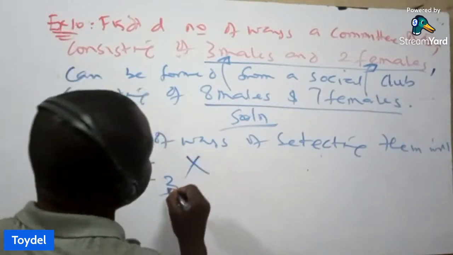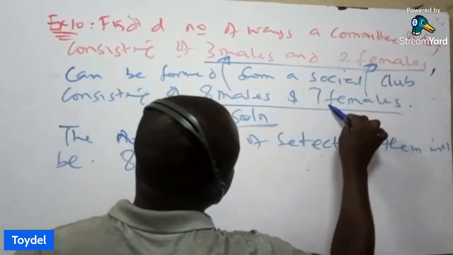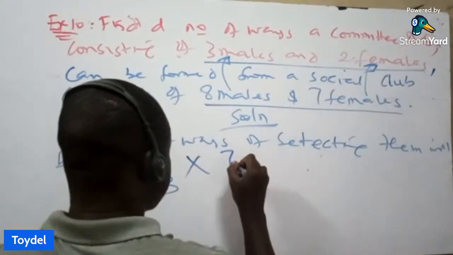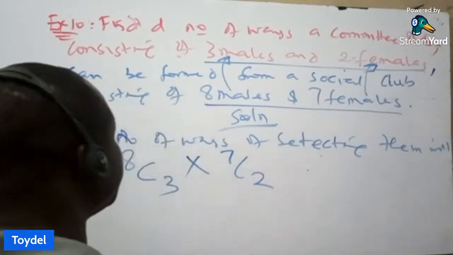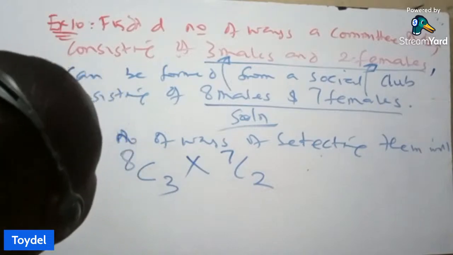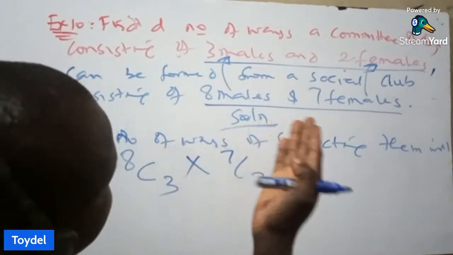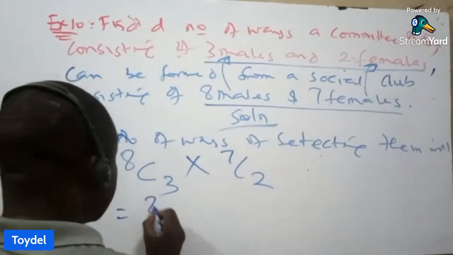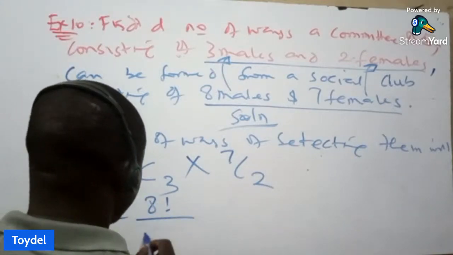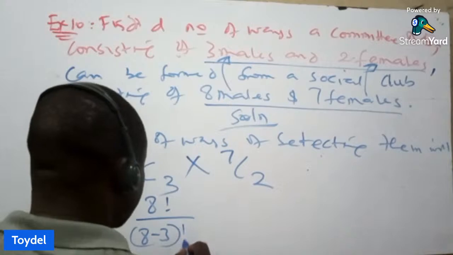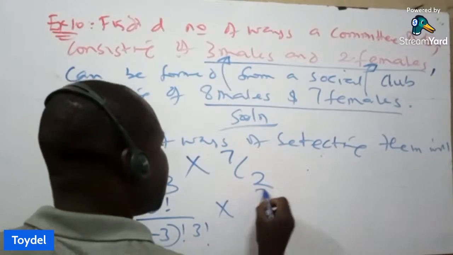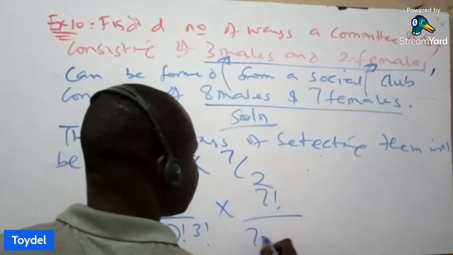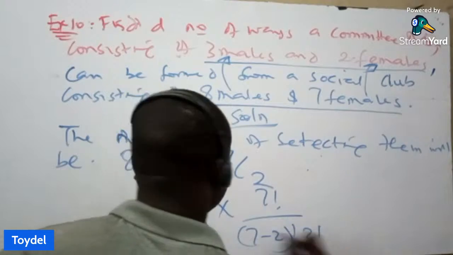Then multiply by, out of 7 females, we are selecting 2. That will be 7 combination 2. This will be the number of ways by which we can select 3 males and 2 females from 8 males and 7 females. Then this is going to give us 8 factorial all over 8 minus 3 factorial, 3 factorial, multiplied by 7 factorial all over 7 minus 2 factorial, 2 factorial.